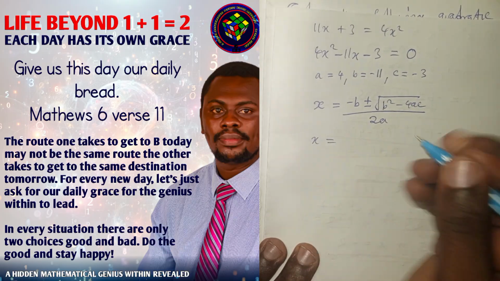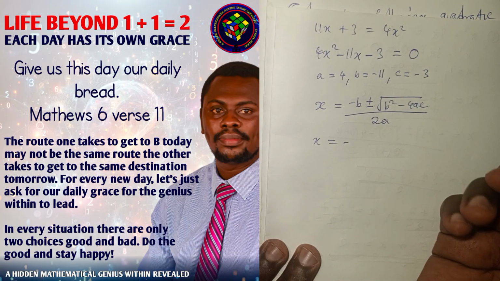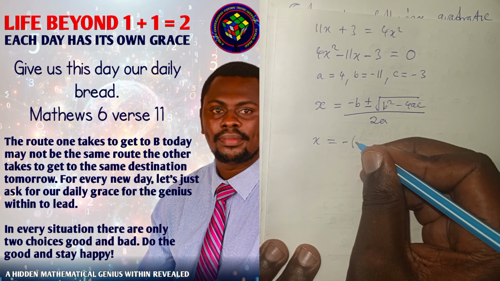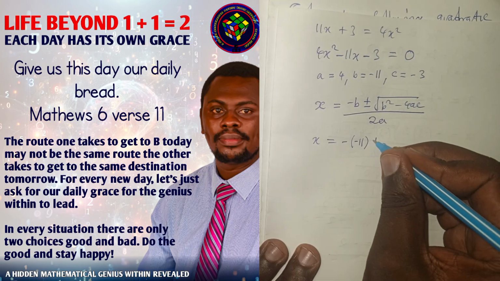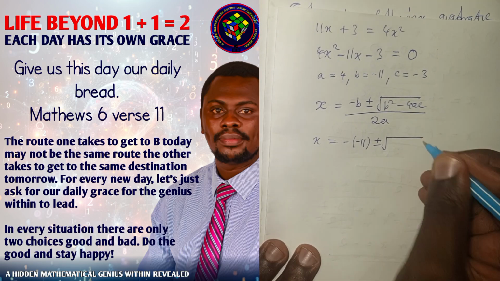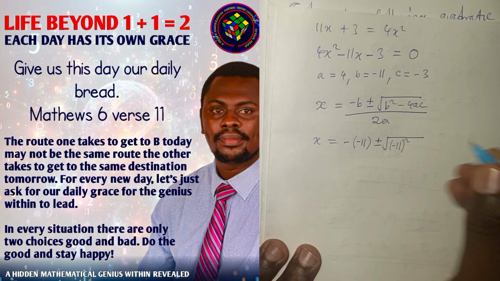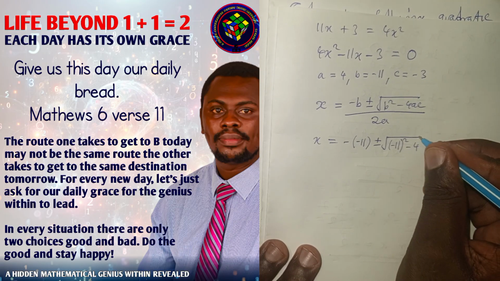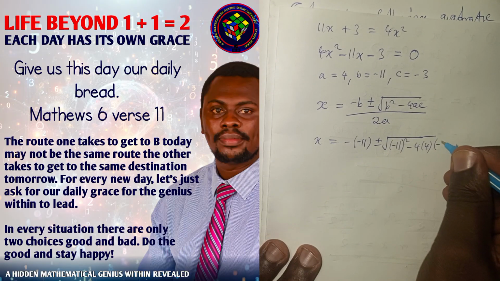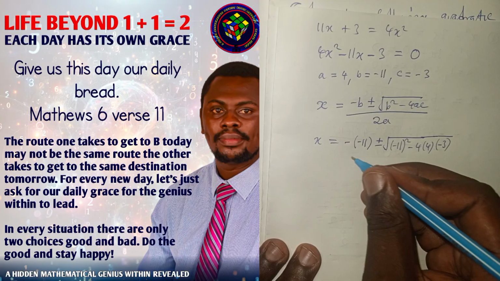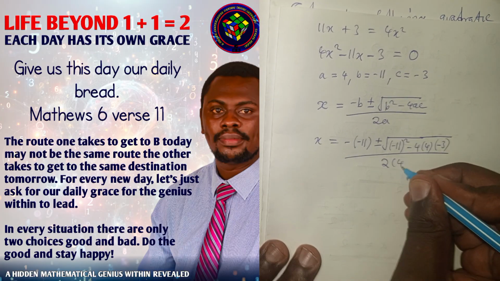So x is equal to minus, then b is a negative 11, so you put it in brackets, then plus or minus the square root of negative 11 squared, then minus 4, a is 4, and c is minus 3, all over 2 multiplied by a, which is 4.